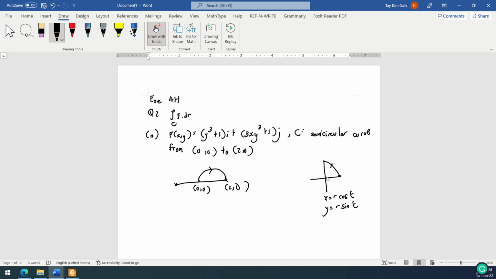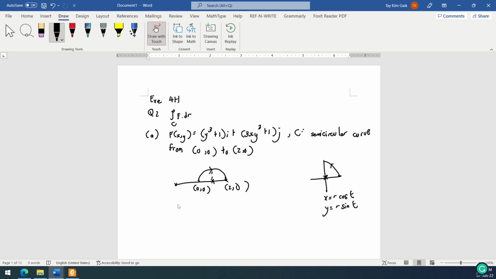This one is provided your circle is centered at the origin. If you use x equal to r cos t, y equal to r sin t, it requires the center of the circle to be at the origin. Now this one is centered here, at x equal to 1.